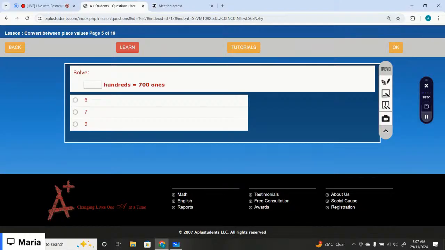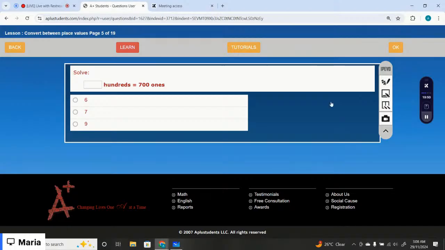700 ones equal how many hundreds? That is 700s.